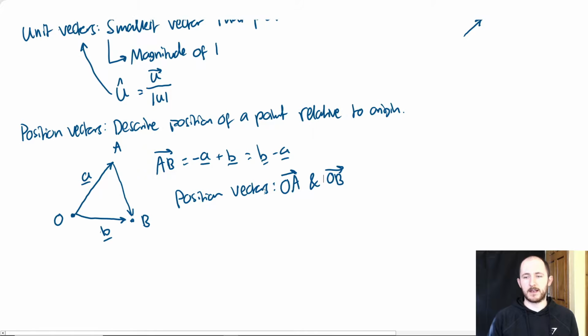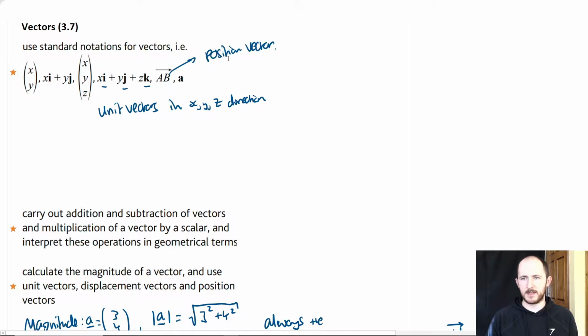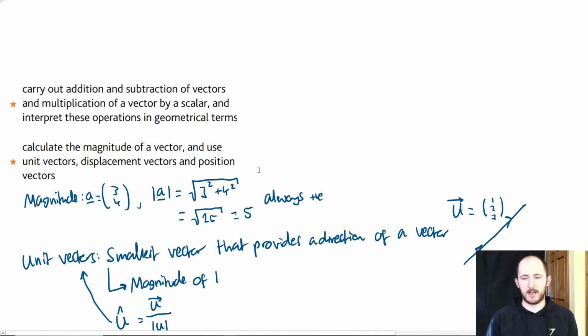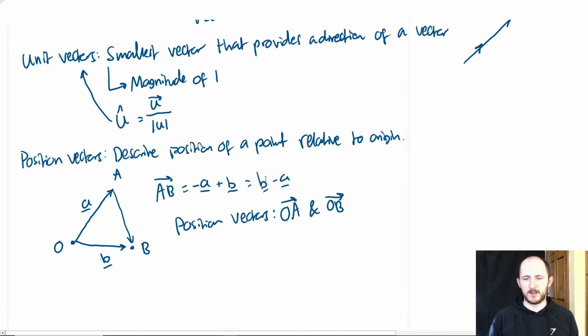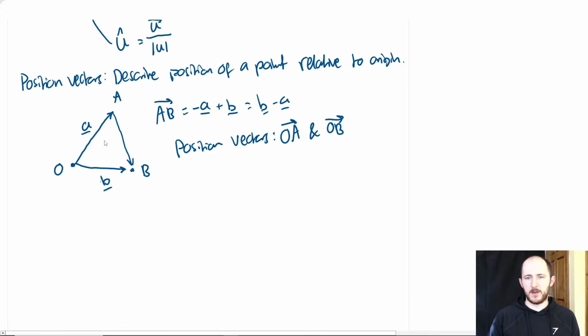Okay, those are position vectors because they describe position relative to the origin. So I think earlier on I said this was a position vector. That should actually be displacement, so my apologies there. And displacement just tells you how a vector moves, so it's the distance between 2 points if you'd like. Okay, so again with this, if you subtract vectors, the way you would draw that is you'd have them be tail to tail or tip to tip, so you draw them like this.